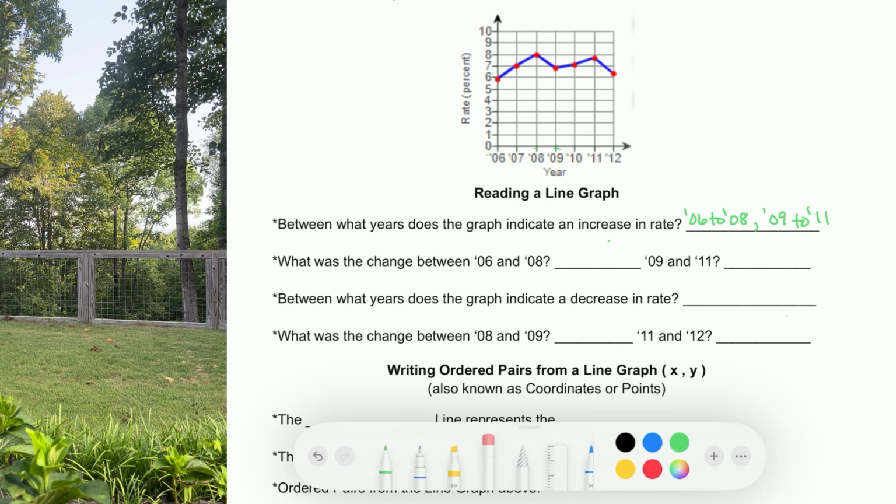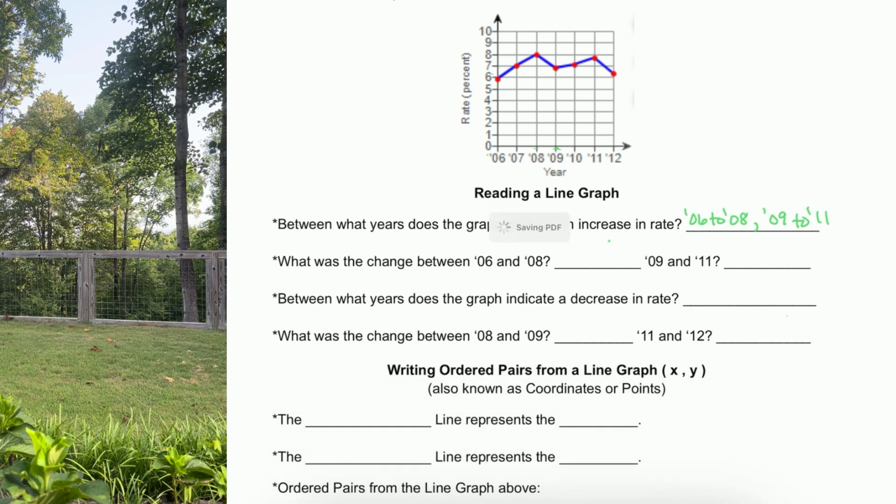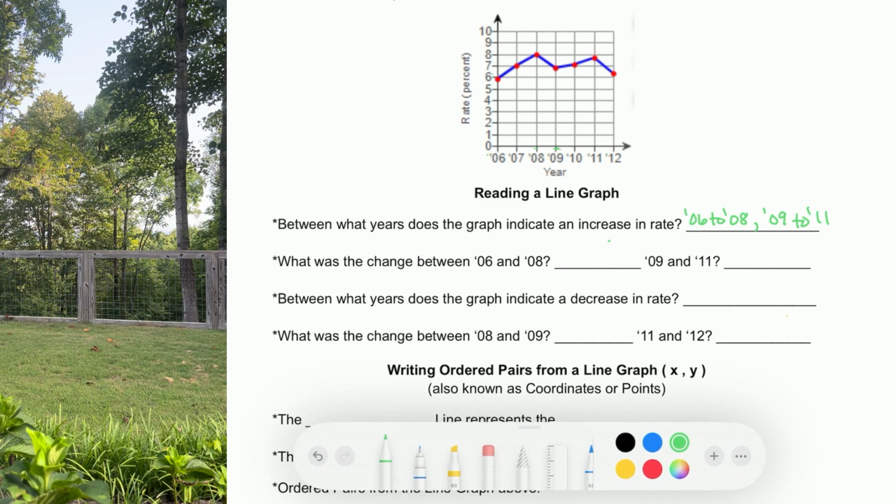Now it asks us a different question. It says, well, what was the change between 06 and 08? Well, the rate in 06 was at just below 6 here. In 08, it was at the 8 here. So I'm reading these numbers to the left here. So a difference between 8 and 6 is 2%. Now that red dot is not perfectly on that 6.